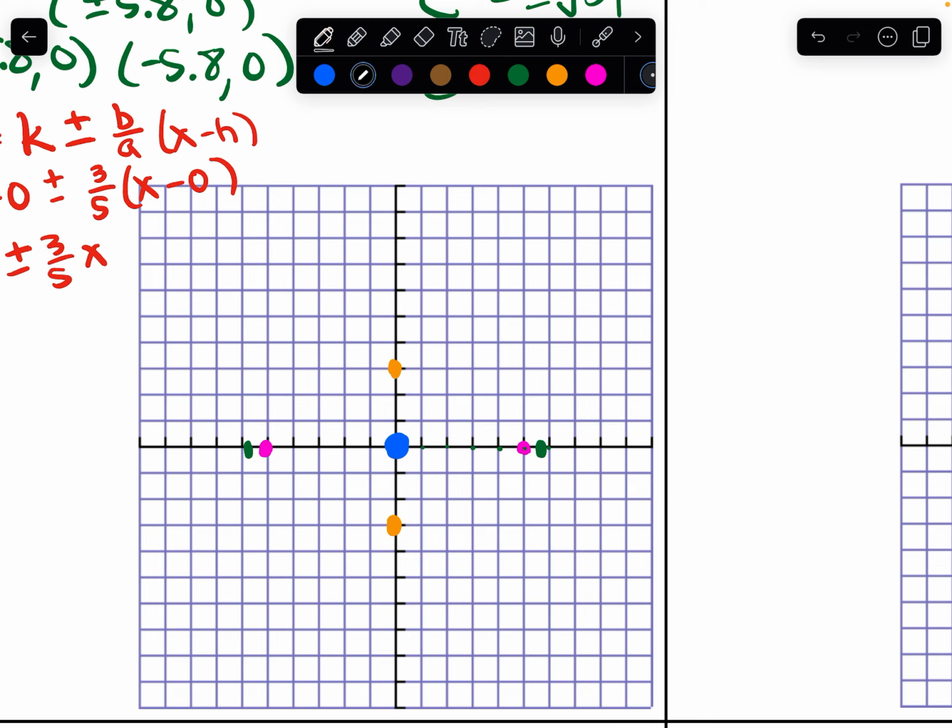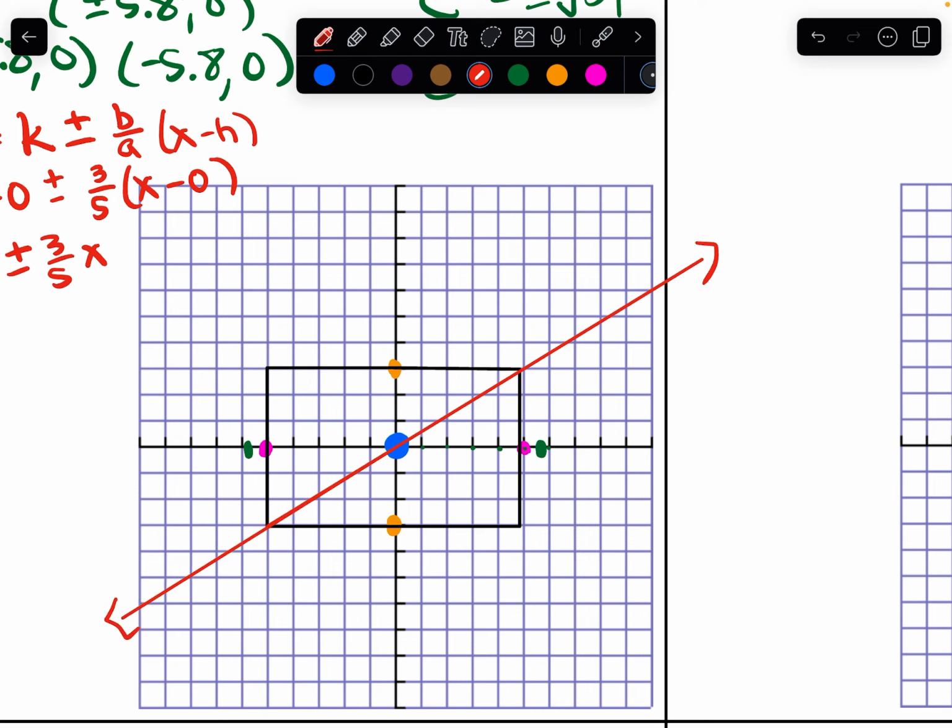So I'm going to draw a box. And I like to color code just because it makes it so much easier. Okay, so if you needed to extend it more on both sides, because you really should.